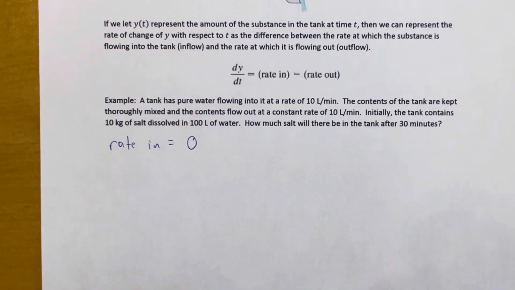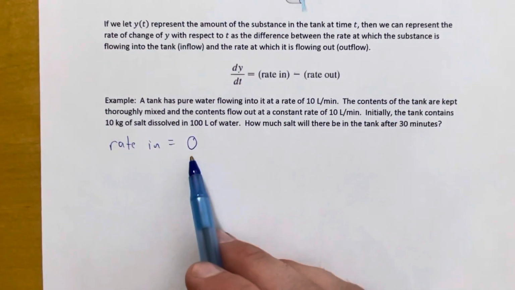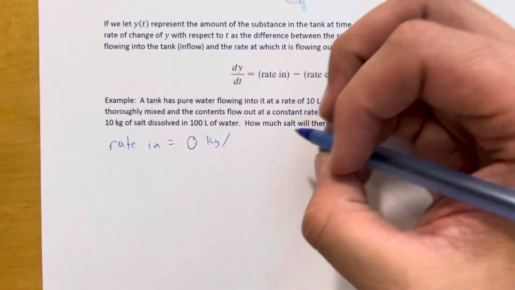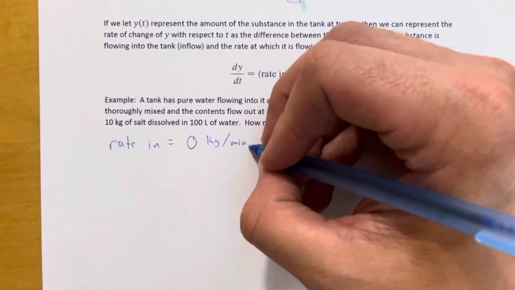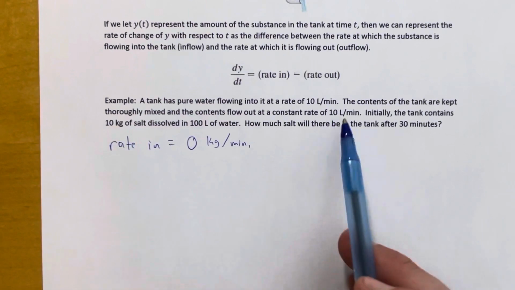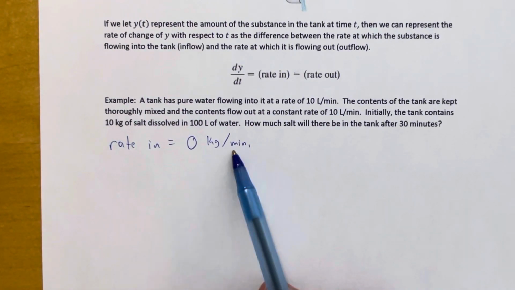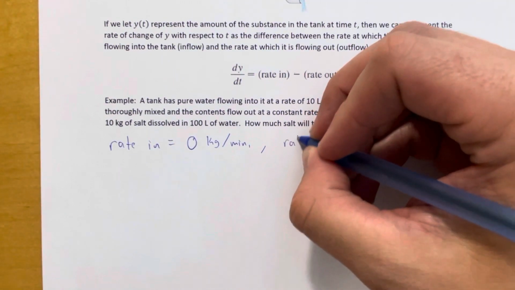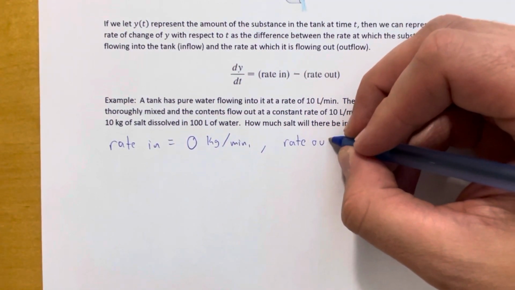It's pure water. The rate is going to have as its units kilograms per minute. We're measuring salt in kilograms and time in minutes. So 0 kilograms per minute. What is the rate out going to be? This is the harder one to figure out.